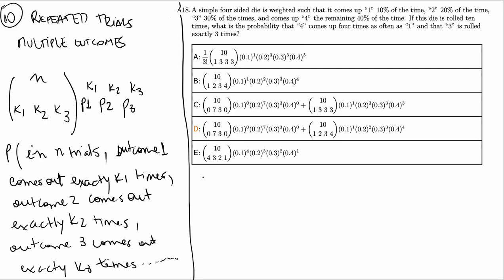Now, the question is this: what's the probability that 4 comes up 4 times as often as 1, and 3 is rolled exactly 3 times? So the probability of 3 showing up exactly 3 times, right?